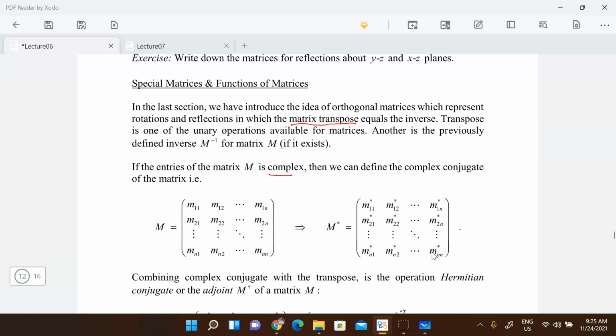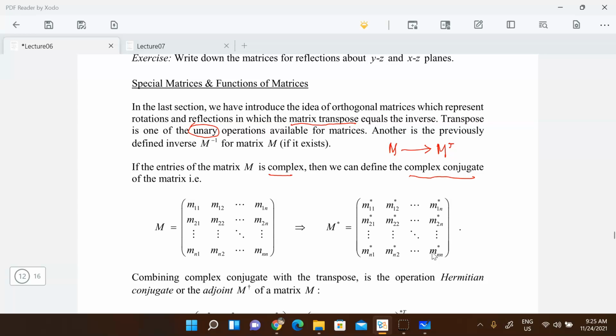So here, what I'm saying is, you have a matrix M. I'm going to turn this matrix M into a transpose. This is what I mean by a unary operation. That means it just takes one matrix and transforms it to another matrix. Another unary operation is to do the complex conjugate if the entries of your matrix M are complex.